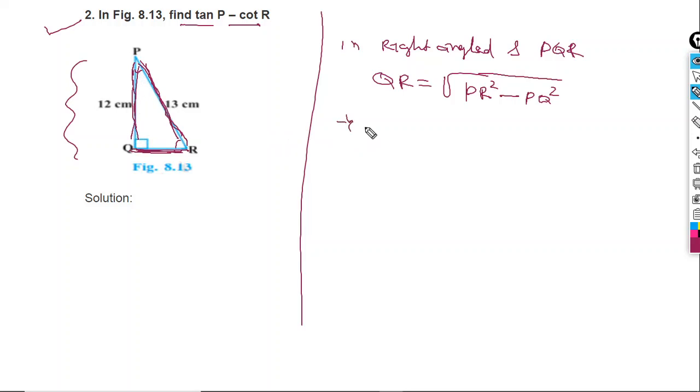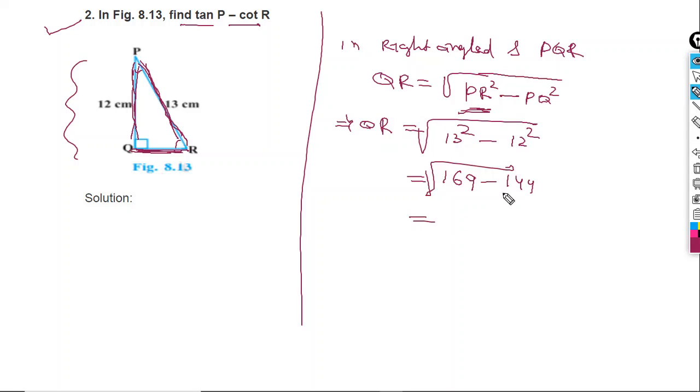Now implies QR is equal to, find the length of PR. PR is 13. So 13 square minus PQ, 12 square, whole root over. Then it will be equal to 13 square is 169 minus 12 square is 144, root over, which is equal to 25 root over, then it will be equal to 5.